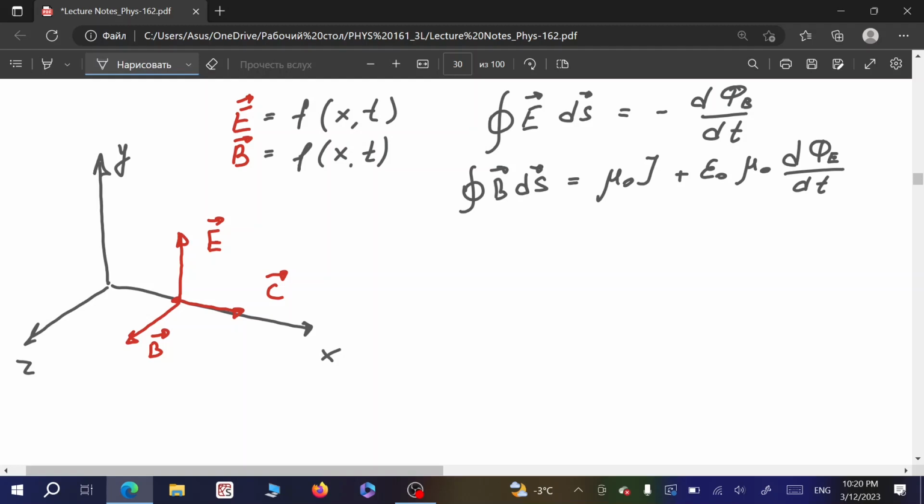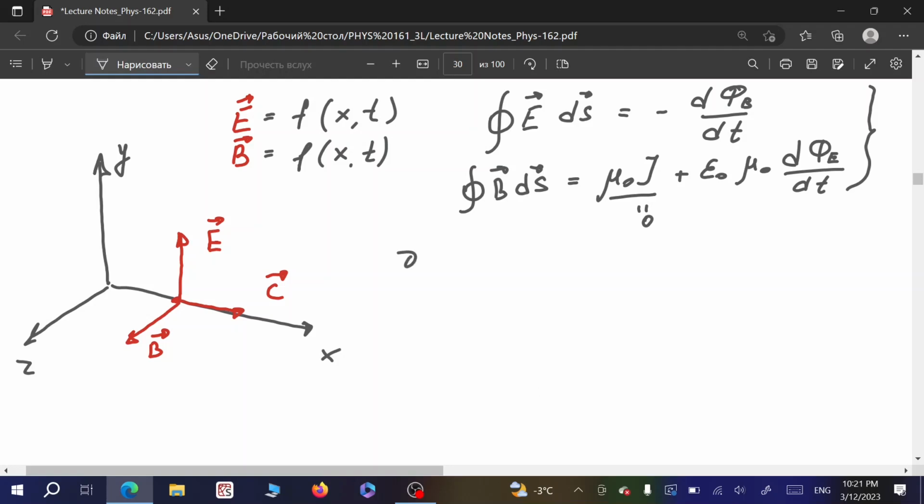Assuming that we deal with free space, meaning there is no electric conductivity current, this term can be considered as zero, so we will not deal with it. Taking this into account and all these conditions of linearly polarized electromagnetic wave, it is possible to go through the analysis and modification of these two equations in order to get the following expressions for electric and magnetic field.